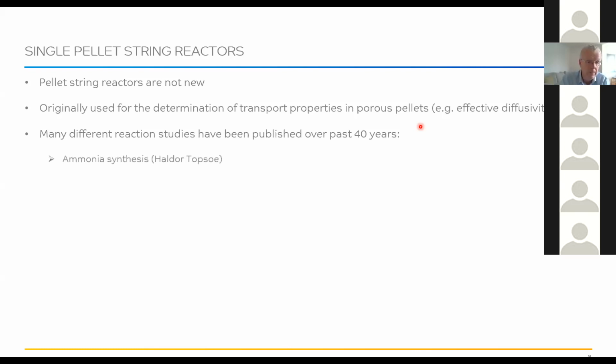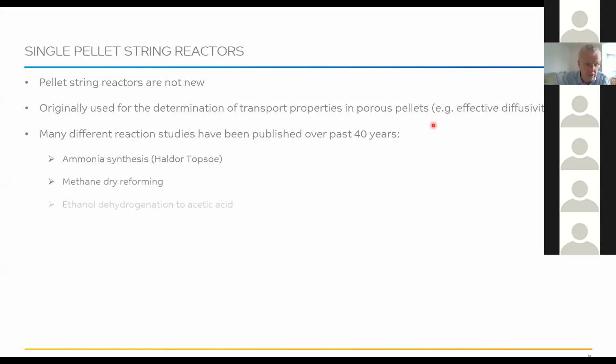The first reference I actually came across is with Haldor Topsoe, back in the early 1980s, when they talked about doing ammonia synthesis in a pellet string reactor on full-size catalyst pellets. I think it was 1983, that first reference. But there's a whole pile of different chemistries people have looked at over the last 40 years.